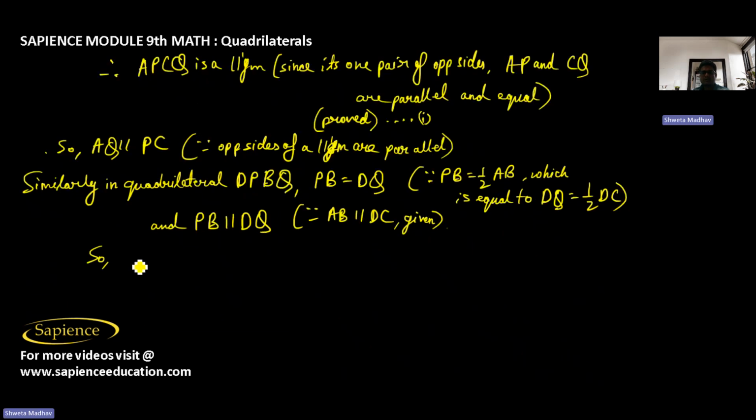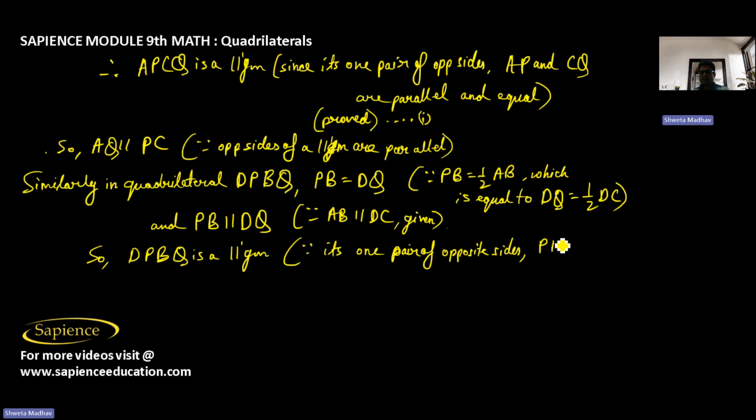Therefore, I can say that DPDQ is a parallelogram since one pair of opposite sides, which are DP and DQ, are parallel and equal to each other.